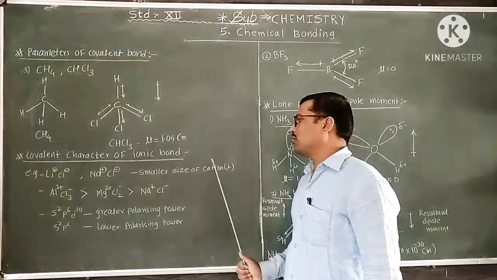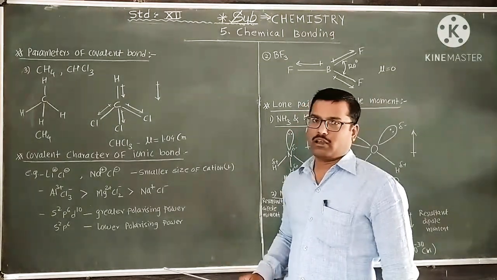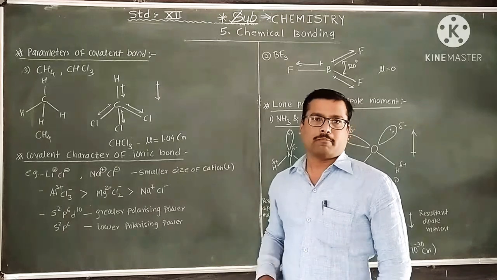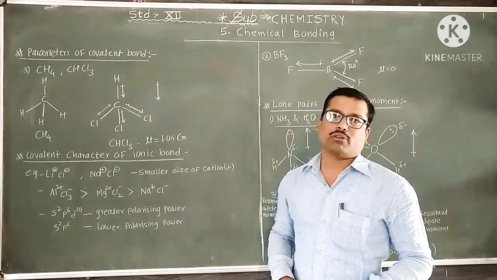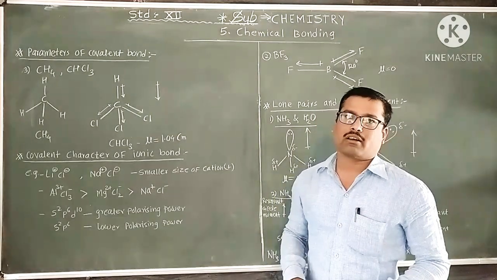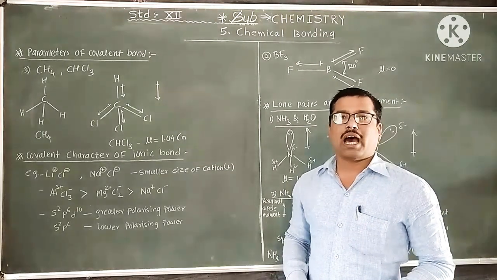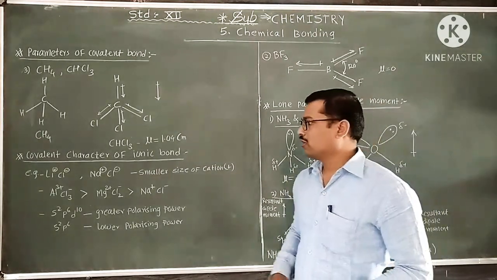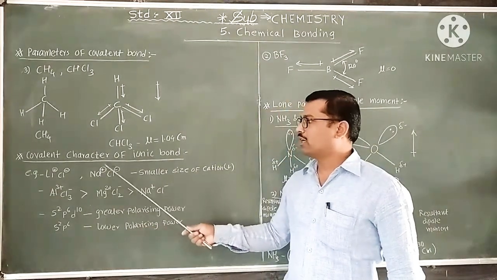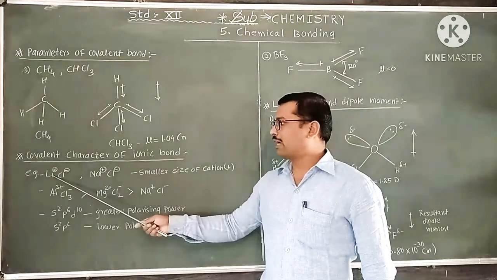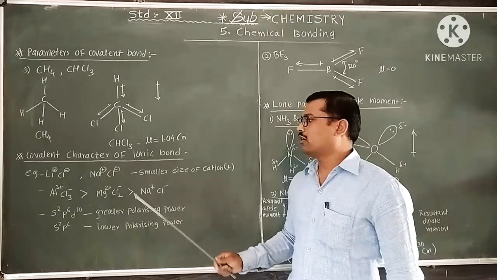When the cation is smaller and the anion is larger, the covalent character of the ionic compound is greater. And greater the charge on the cation: here lithium is a cation having a positive charge, sodium a positive charge. The cation has a smaller size, whereas the anion has a larger size.